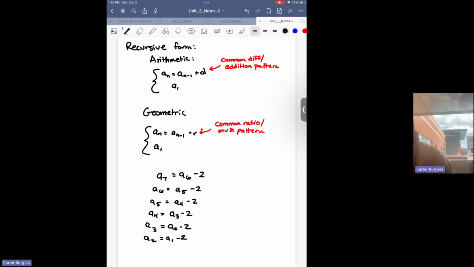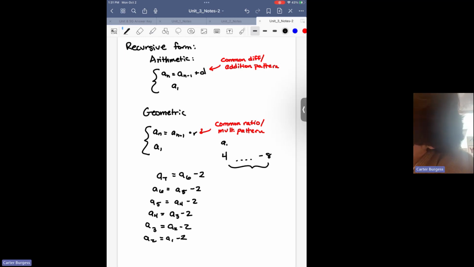But what if I want to jump from 1 to the end? If I start at 4 and I end at negative 8, what kind of observation could I have made that would have allowed me to just jump straight to the end here? Well, I would say that we could make 2 observations.